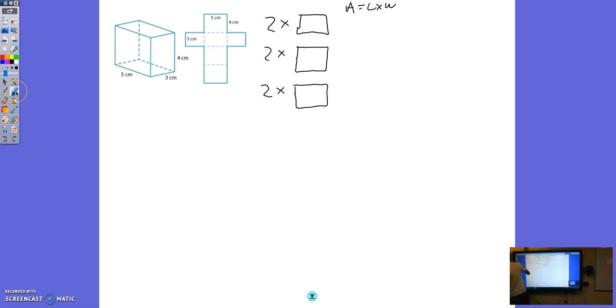I'm going to start with our 5 by 3. This bottom one here, which is the same as the top one here. Okay, 5 by 3. So it means that our length is 5, and our width is 3.